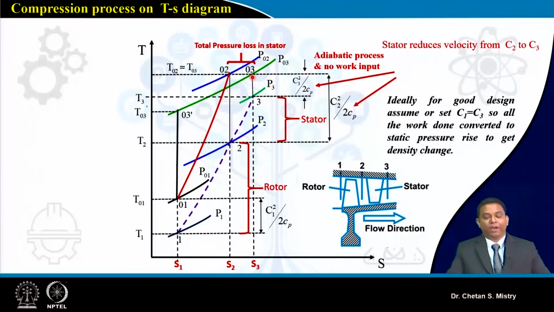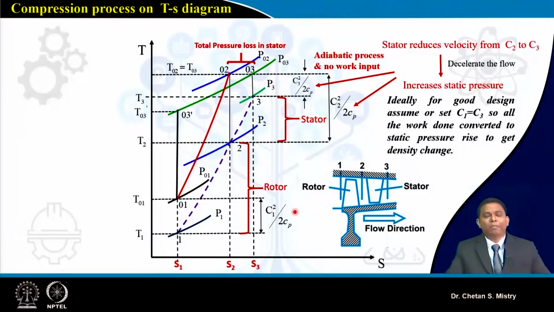If you look carefully at this absolute velocity component, C3 square by 2Cp, or you can say C3 and C2, and compare what is happening when it is flowing through my stator, this absolute velocity is going to be reduced. And that's what is representing the rise of my pressure.